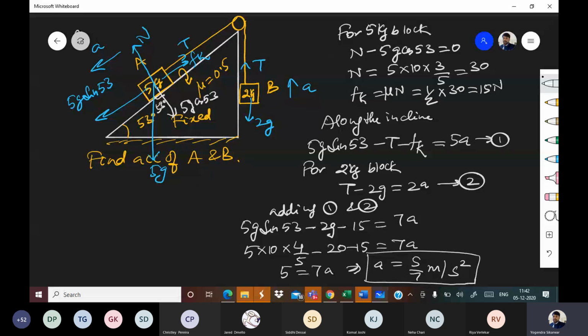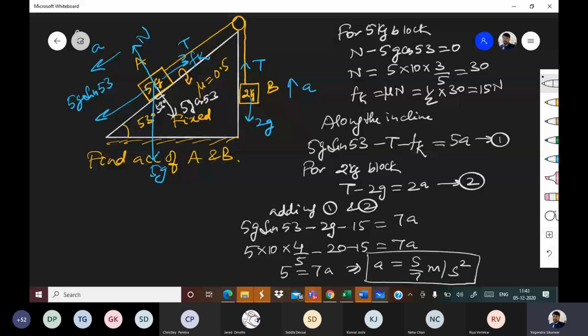So 5G sine 53 minus tension minus friction Fk, kinetic friction, which is acting opposite to the motion as usual, should be equal to mass into acceleration. So 5G sine 53 minus T minus Fk is equal to 5A. Fk we had already calculated, it was 15.